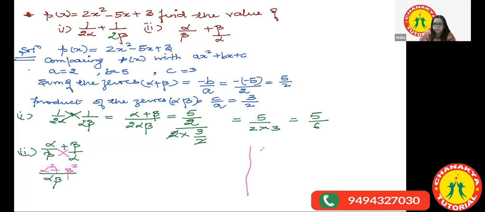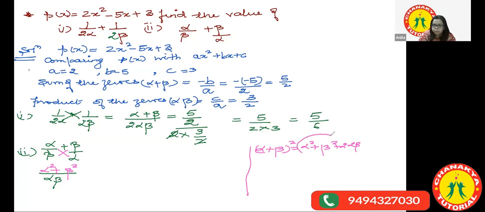Now alpha square plus beta square. See children, I will explain again. Alpha plus beta whole square is equal to alpha square plus beta square plus 2 alpha beta.